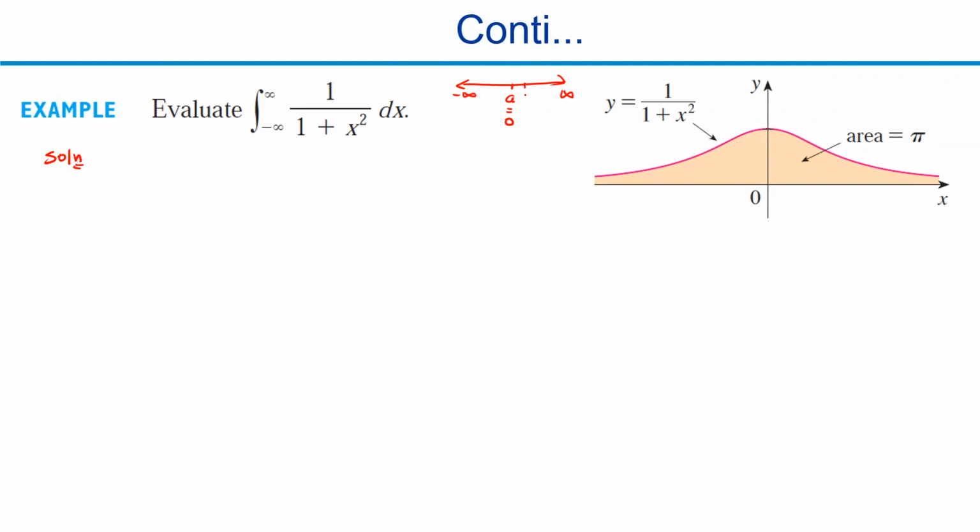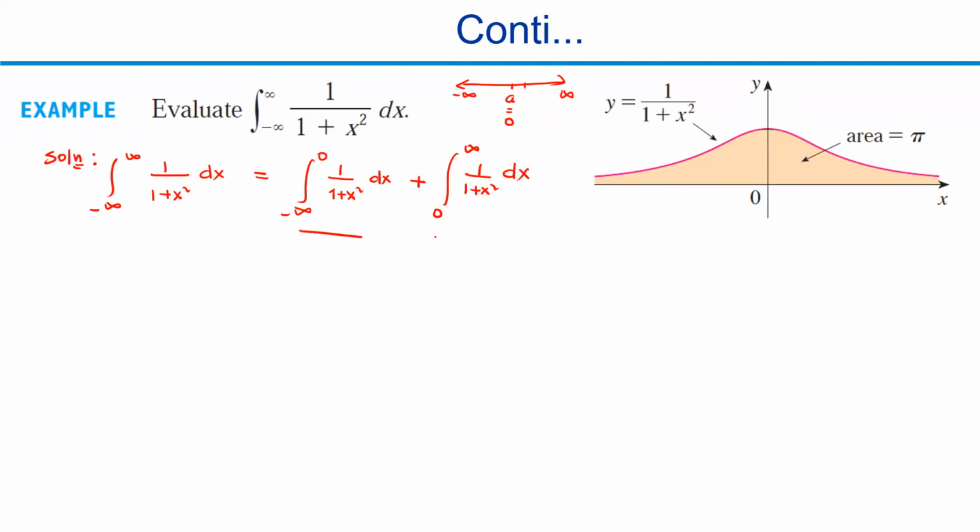Maybe you can choose 1, you can choose 5 and something like that. Don't worry about that, okay? Now for simplicity, I will divide this integral from minus infinity to infinity of 1 over 1 plus x squared dx as the integration from minus infinity to 0 of 1 over 1 plus x squared dx plus the integration from 0 to infinity of 1 over 1 plus x squared dx.